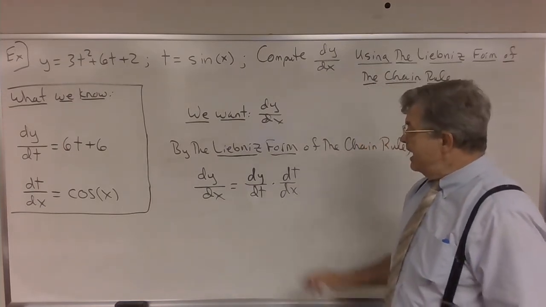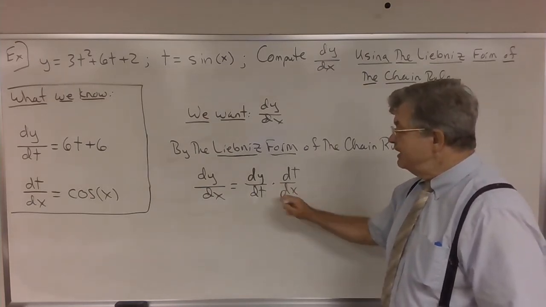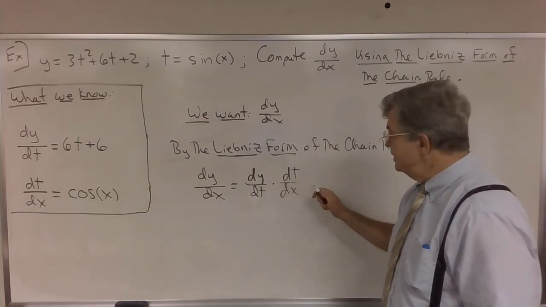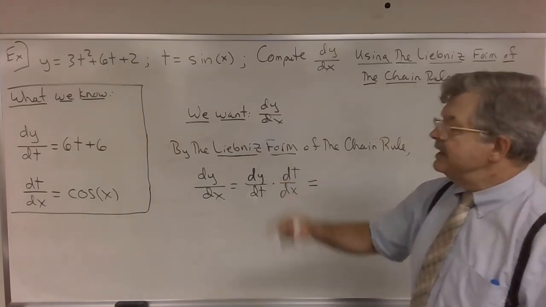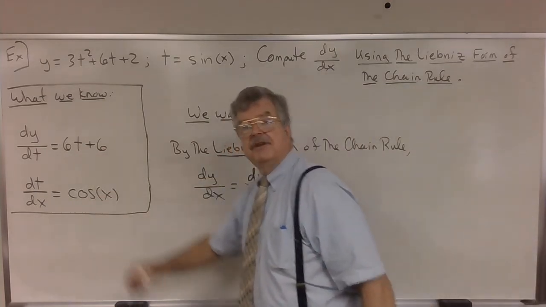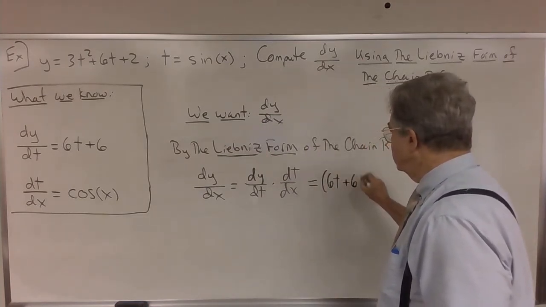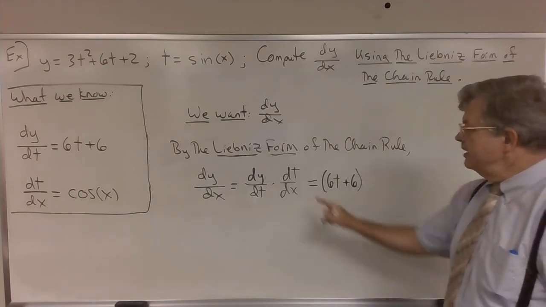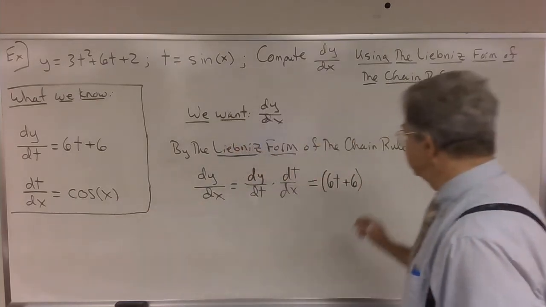So now all I have to do is fill in the blanks. I know what dy/dt is. I know what dt/dx is. dy/dt is 6t plus 6. dt/dx is cosine of x.